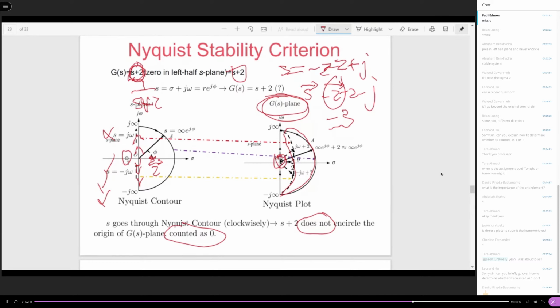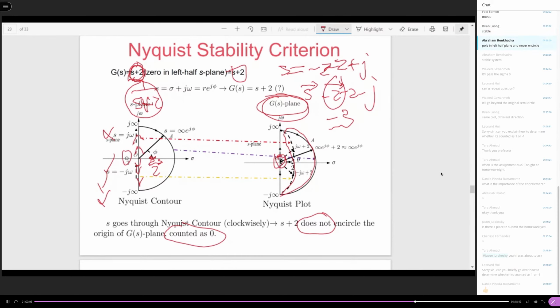Now the next one is going to be 1 over S plus 2. Can you predict what is going to be the conclusion? Well, let's forget about the stability at this moment.